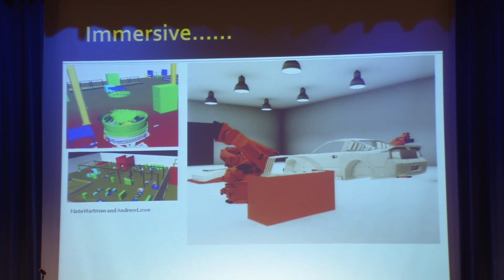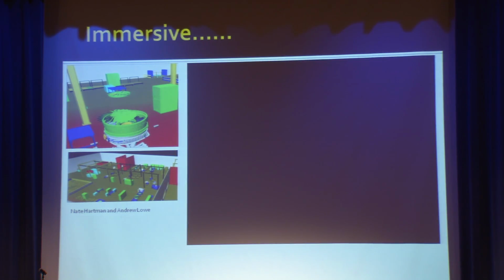Because it's a complex environment. We could evaluate processes and procedures without really hurting anybody. If this virtual robot arm hits you, it's not going to kill you. We also demonstrate this with complex manufacturing flows, where we move parts throughout a factory and can see how the parts work together.